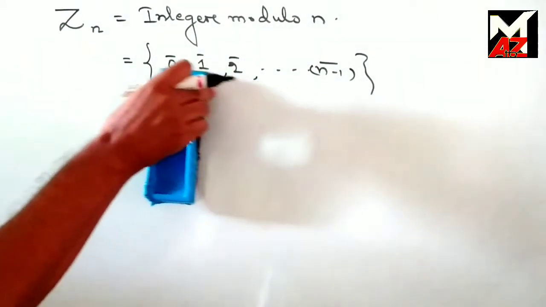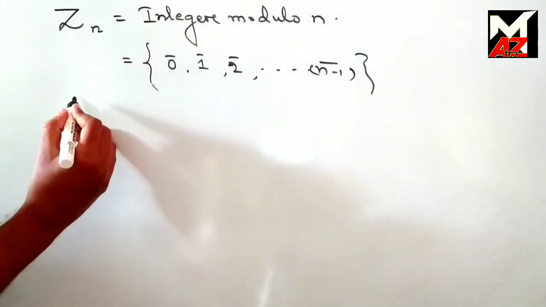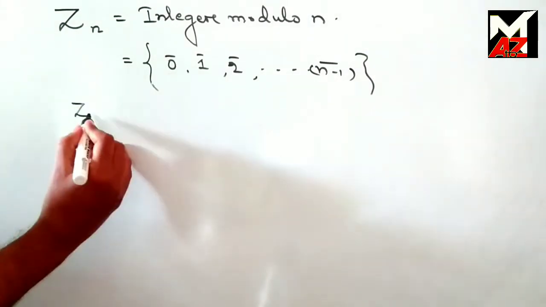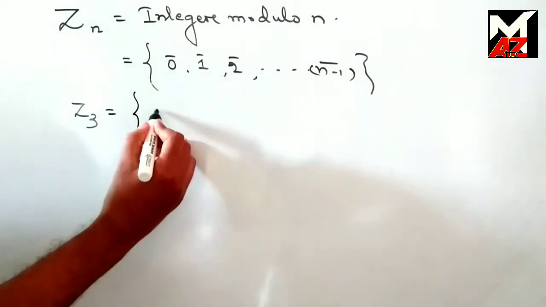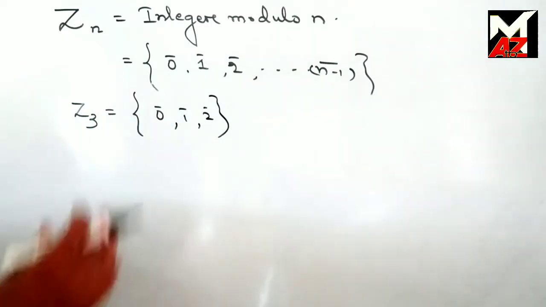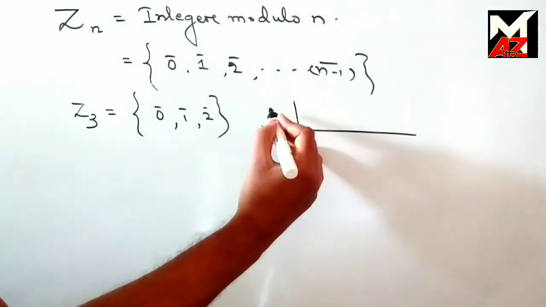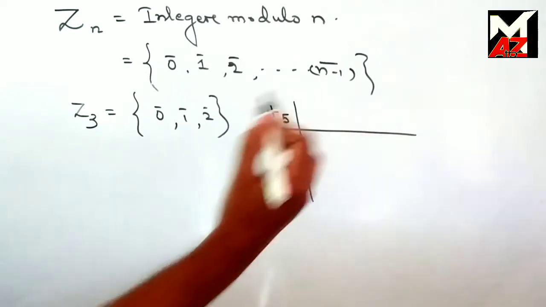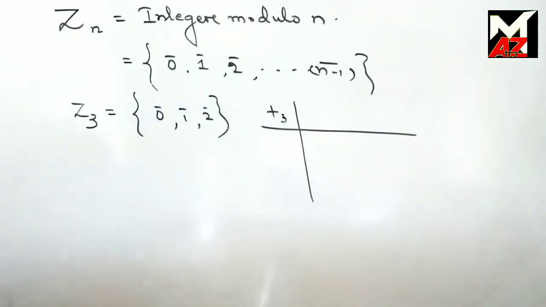Now, if we take a particular example as Z3, then we get 0 class, 1 class, 2 class, and we make a composition table with respect to plus 3, that is addition modulo 3.